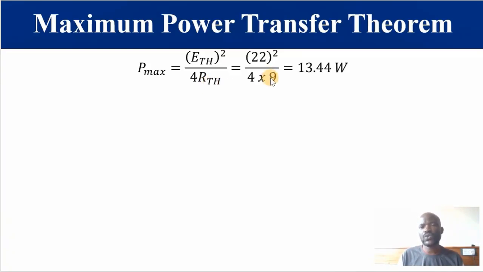So we replace E-Thevenin by 22 and R-Thevenin by 9. If you square this and divide by 36, you get 18.44 watts. We know power is measured in watts. So guys, as simple as this is how you are supposed to articulate such a question. Let's proceed to the next worked example. You must be able to solve such maximum power transfer theorem problems.